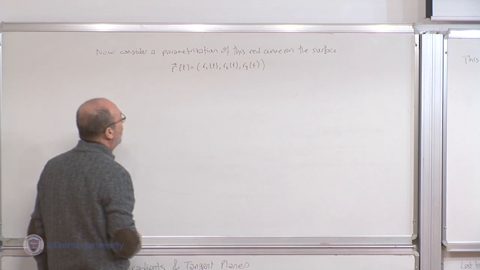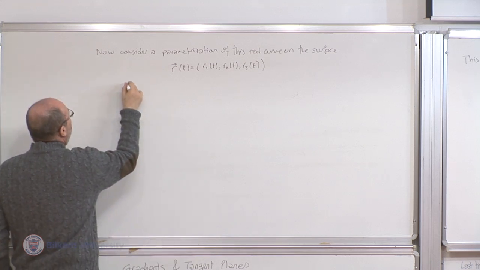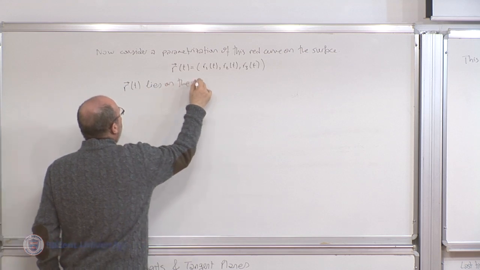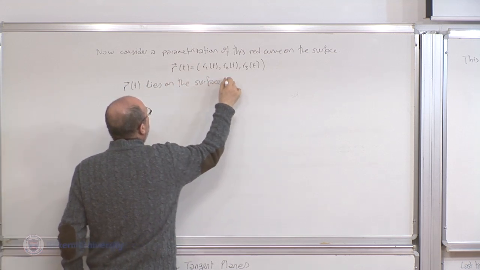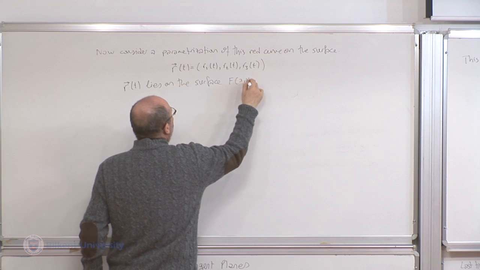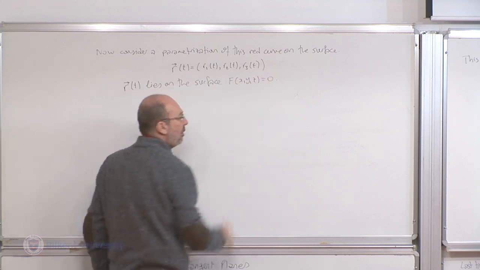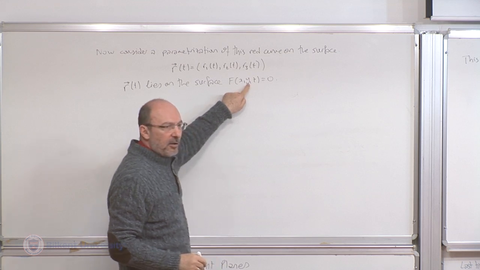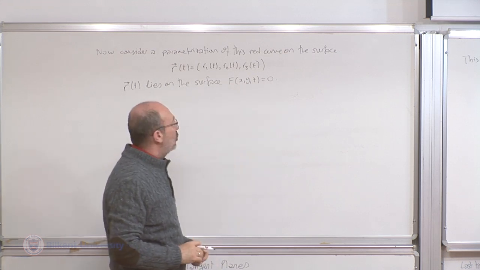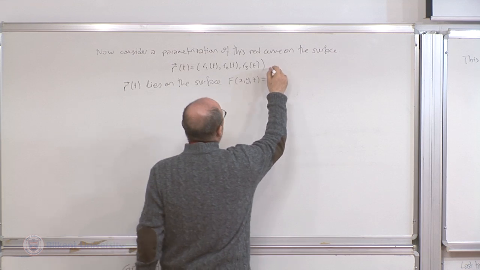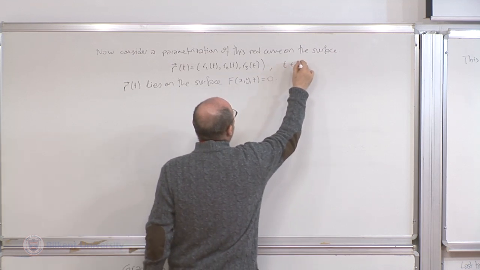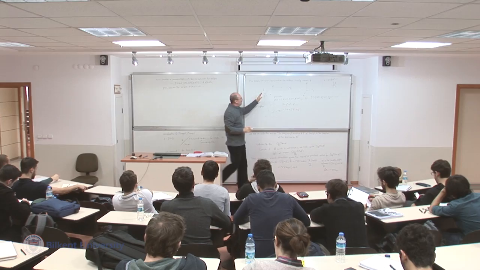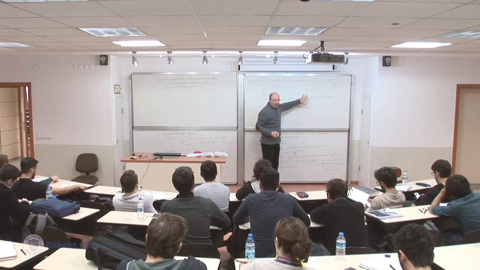So this point r(t) lies on the surface f(x, y, z) = 0. It means that these expressions, when you put them here, will lie on the surface. To be absolutely correct, I have to say that t is in some neighborhood like this, because I cannot parameterize this globally.